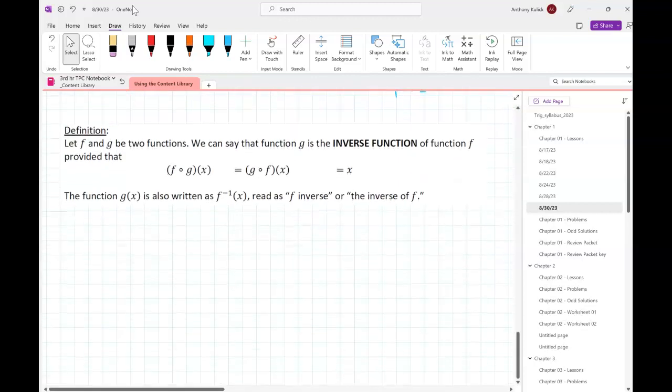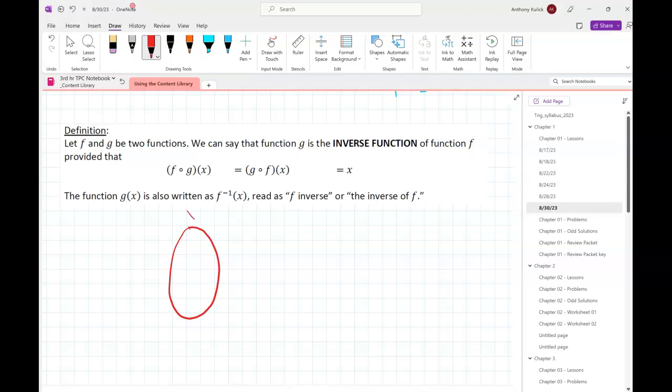But what is this really saying, right? So let's go back to our functions.